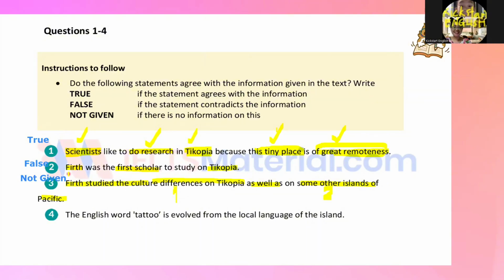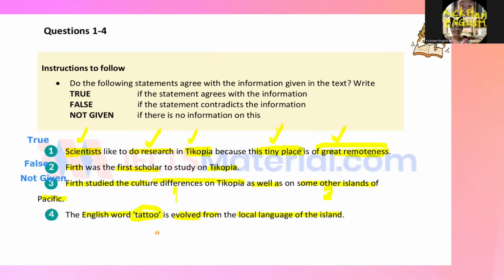Now we are on to our last sentence. The last sentence is, the English word tattoo is evolved from the local language of the island. So again, the keyword that we have is English word tattoo. The word tattoo is evolved. Evolved is synonymous to arrived from or comes from, evolved from the local language of the island.